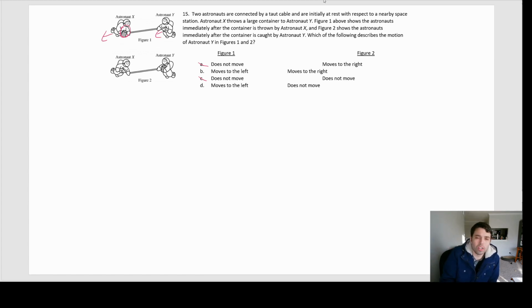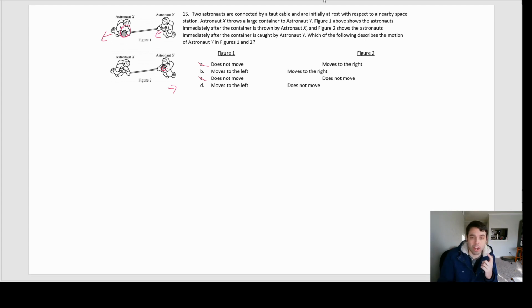Now astronaut Y catches the can. When astronaut Y catches the can, the can applies an impulse to the astronaut to the right. So astronaut Y gets some change in momentum to the right, and astronaut Y applies a small impulse, equal and opposite, to the can to the left, because he catches it. So what happens?